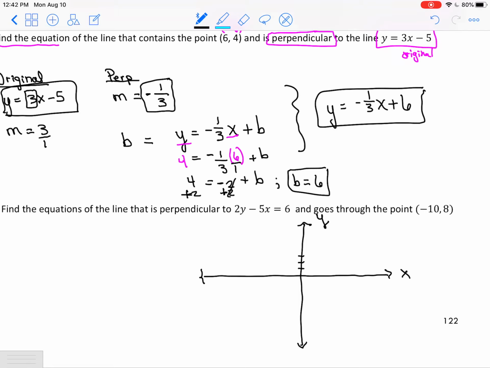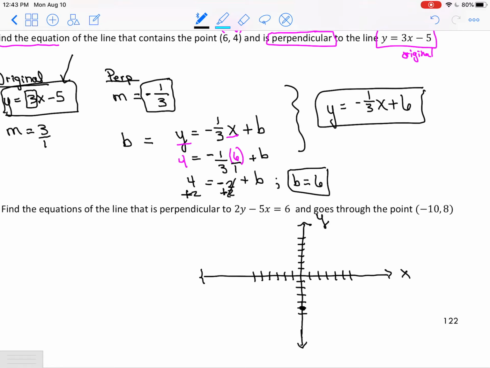Let me get some lines on here. All right, let's go to our y-intercept on our original, which is at -5. I have to fix this because it's hard to see. Sorry, guys. 1, 2, 3, 4, 5, 6. There we go. So we cross at -5.